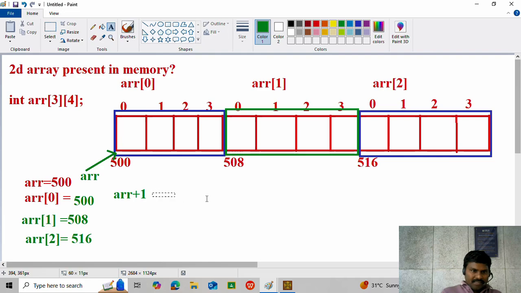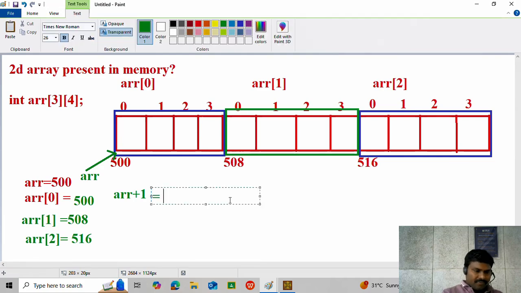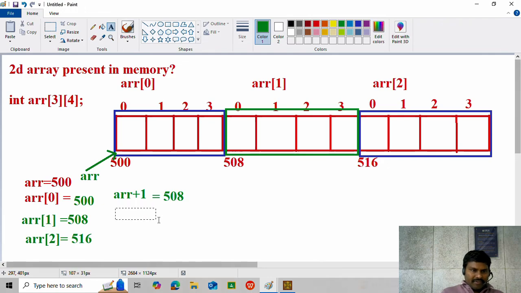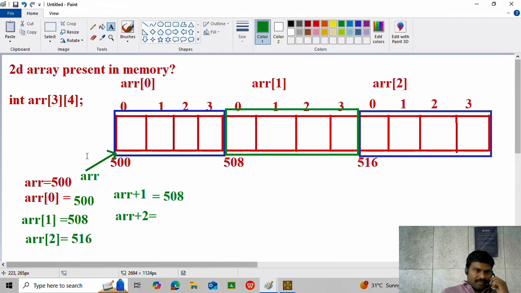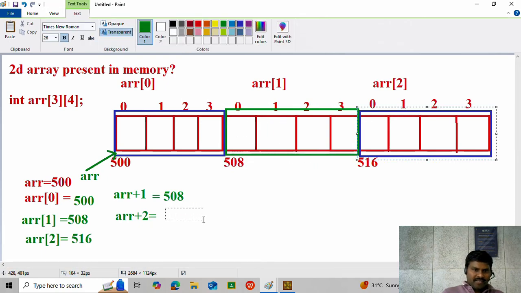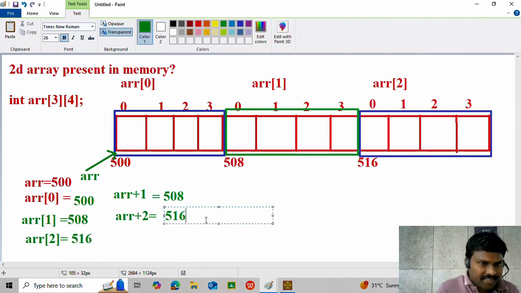That means this value is equal to 508. Arr plus 2 means plus 1 is pointing to this location, plus 2 means pointing to this location. This value is 516.